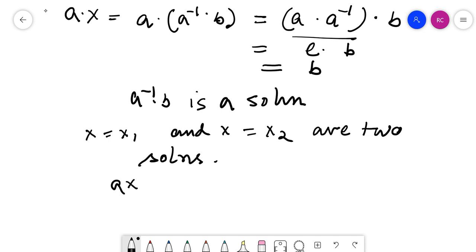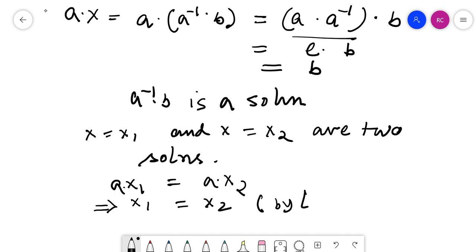So A x1 equal to A x2, this implies x1 equal to x2 by the left cancellation law, right?